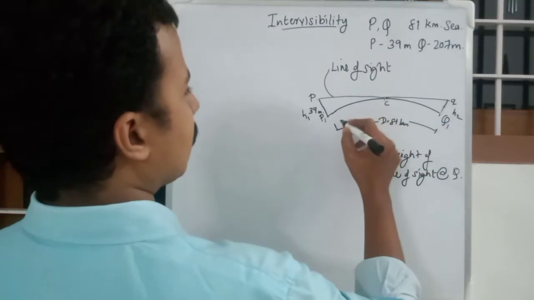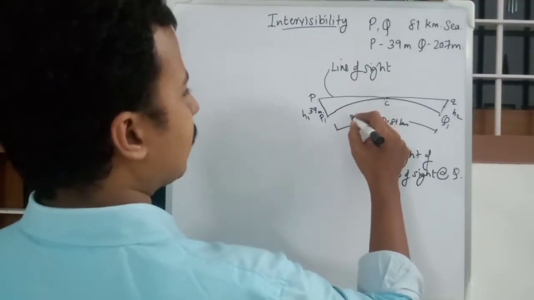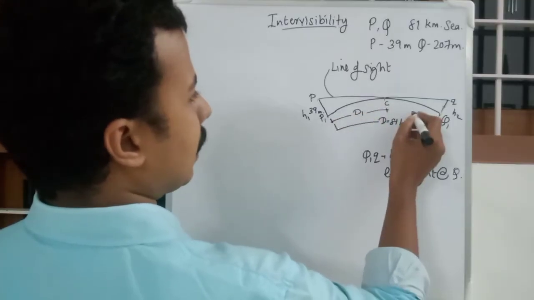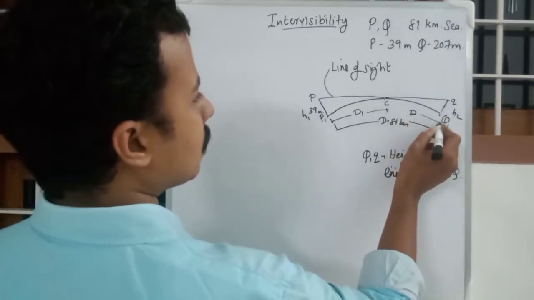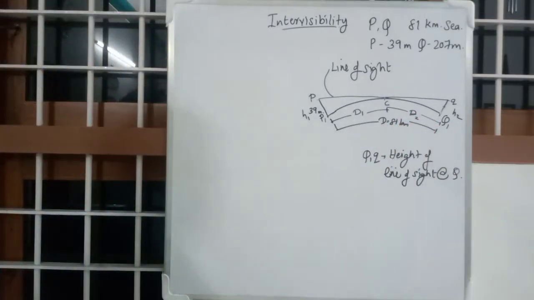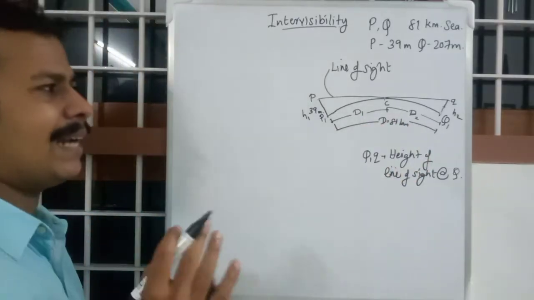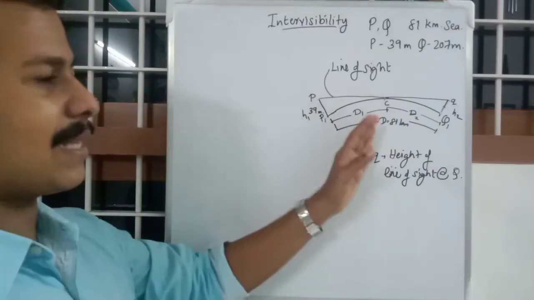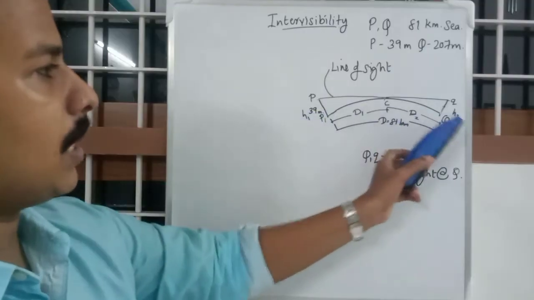The distance from P to C can be marked like this, and we assume it as d1, and the rest, C to Q, is marked as d2. So D, d1, d2. There is no criteria for naming it. You can name it as you want, but you have to follow through on the equations as in the diagram. That's it. So d, d1, d2, h1, h2.